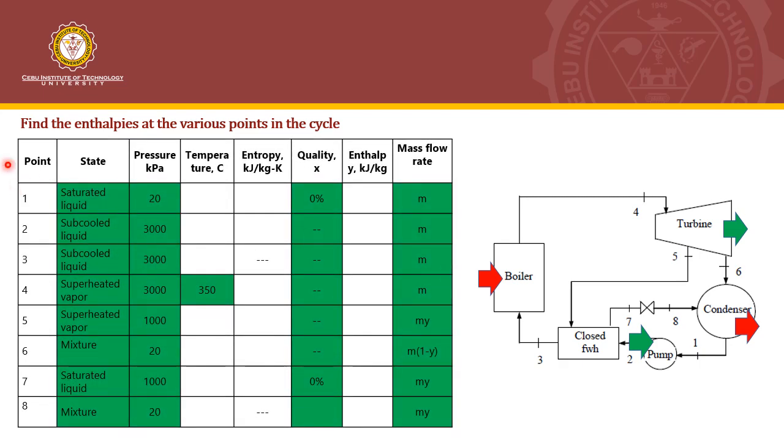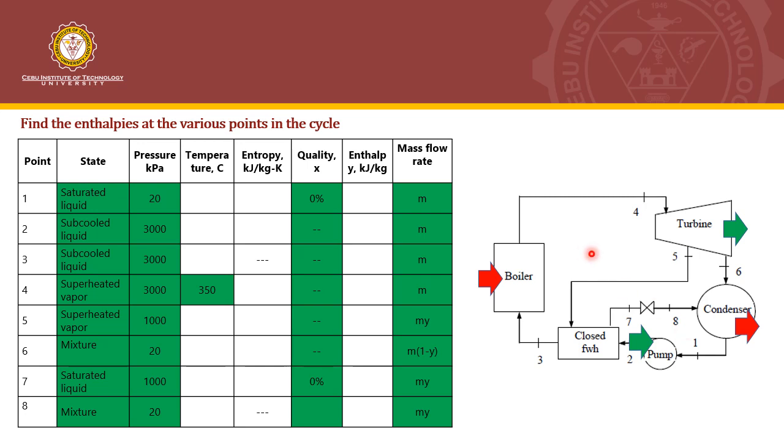Since we have 8 points, we create a table with 8 points, and we plug in the states that we already identified previously, as well as the corresponding pressure and temperature at the various points. Also, for the mass flow rate, if we examine, we have 3 loops here, no? Loops 3, 4, and 5, and then another loop here, and another loop here at the bottom. So we're going to determine the mass flow rate through each point.